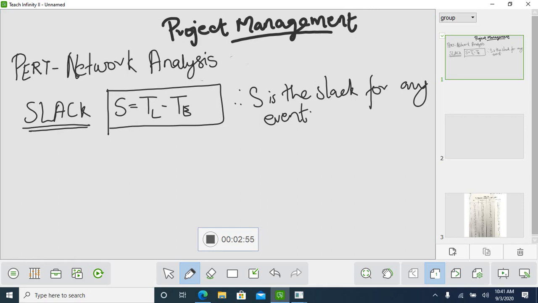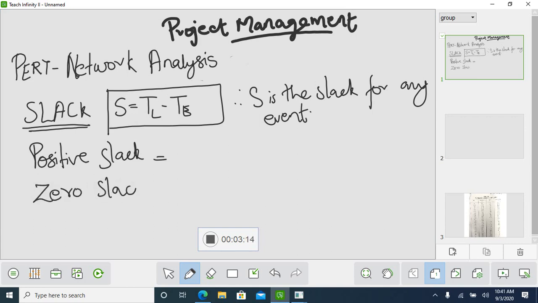So you have three types of slack: positive slack, zero slack, and negative slack. Positive slack is obtained when TL is more than TE for an event.